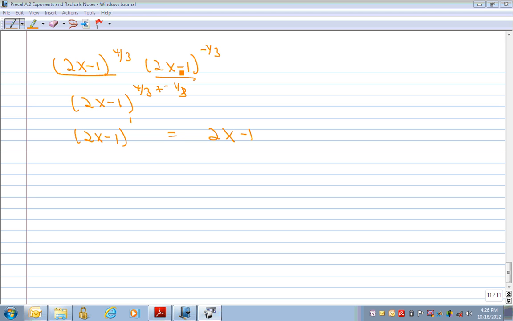You can add the exponents as long as your base is not 0. So we do have to make a note about a restriction. Our x value in this case could not be 1/2, and that's kind of important that you include. Could not be 1/2. So that's simplified. It could not be 1/2 because you can't add the exponents if the base is equal to 0.